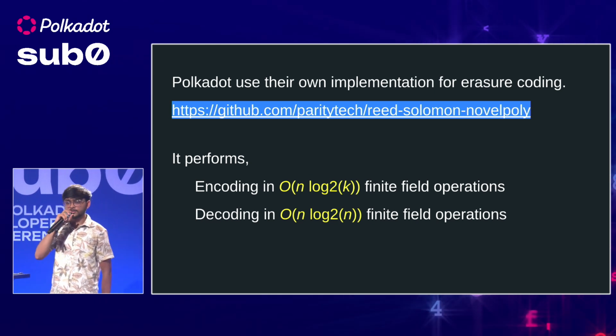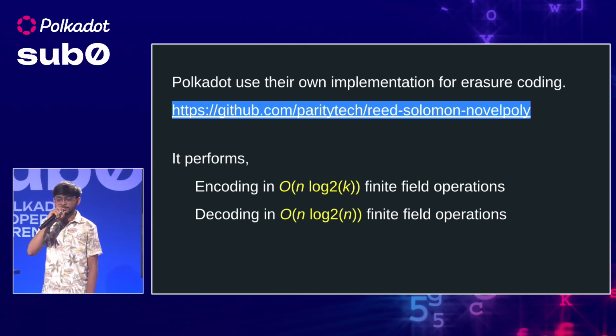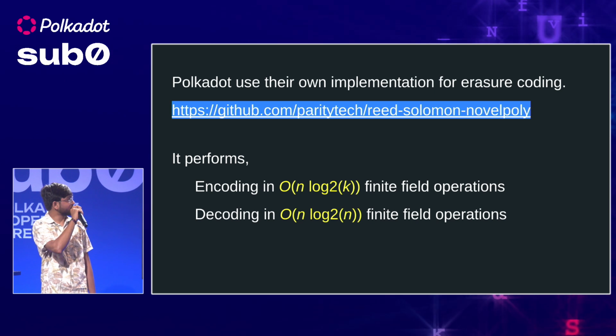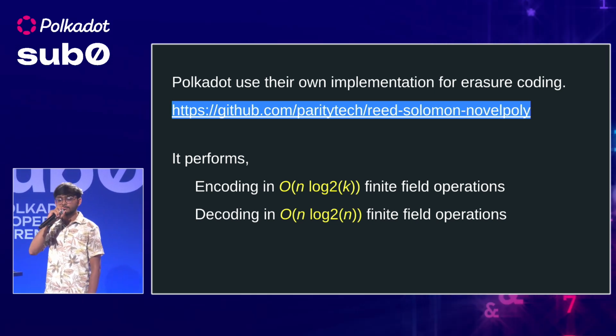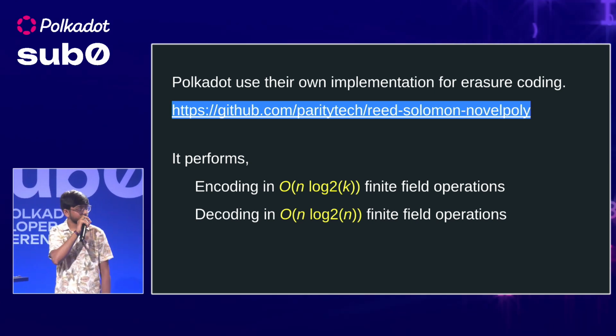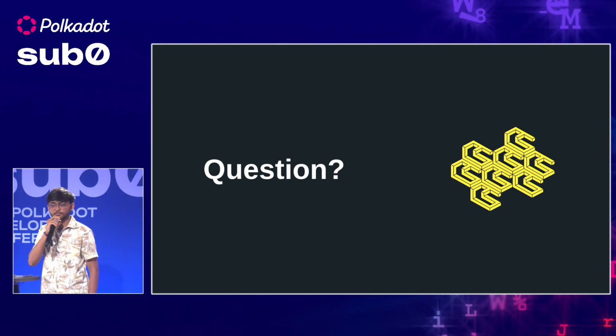If you are curious about this implementation of Reed Solomon Novel Poly, you can visit the link provided on the slide. There you can find the research paper on this basis, and you can see the implementation also. Yeah, that's it. Any questions?